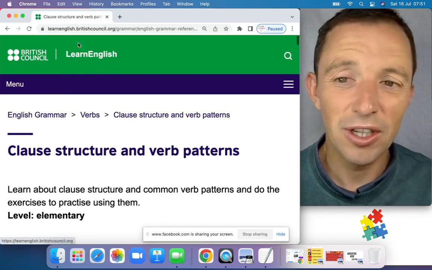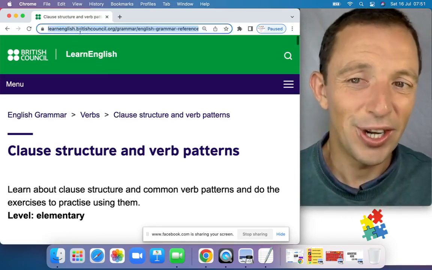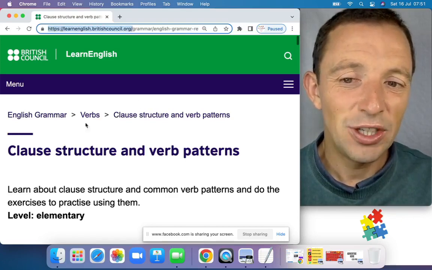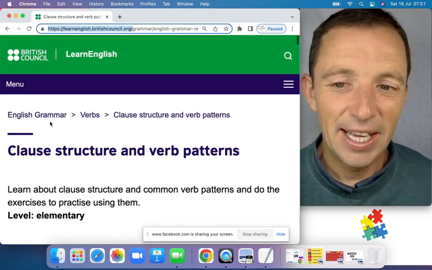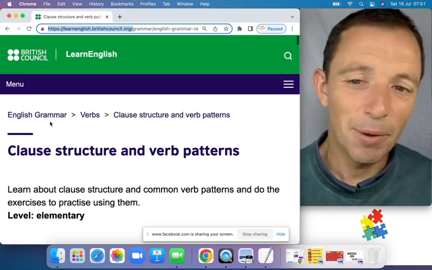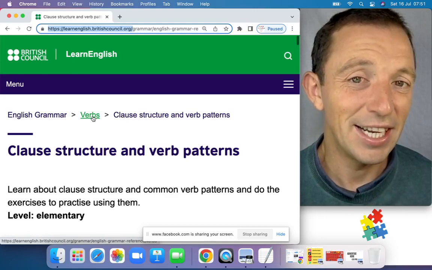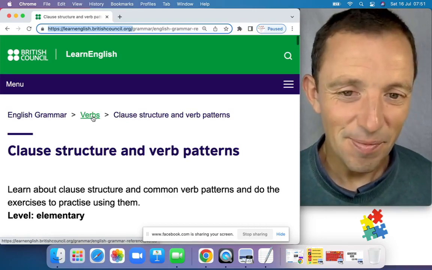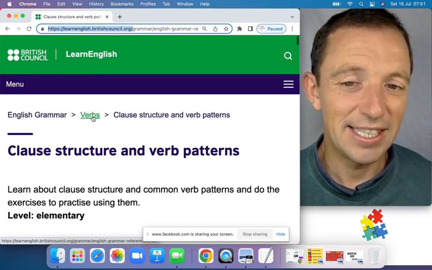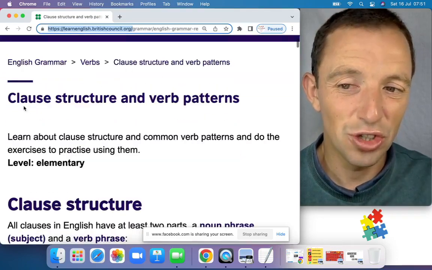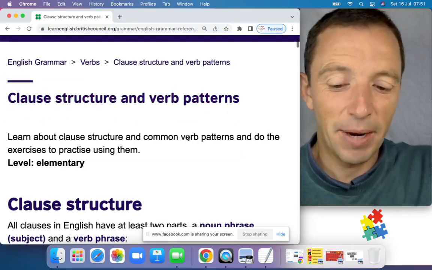Type into Google learnenglish.britishcouncil.org, and go to the grammar section. There's another step, but basically you need to find the verb section in the English grammar section. And specifically today in the verb section, we move to the topic of clause structure and verb patterns.